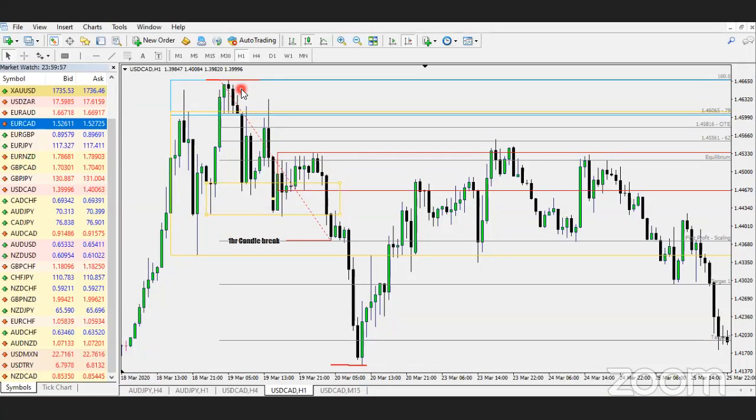So you want to include the wicks on the higher time frames, and on the lower time frames, the 15 and the 30, you would want to use only the bodies. You can still do this on the 5-minute, but I personally don't trade the 5-minute, but the same would apply. On the 5-minute, you would use the bodies.